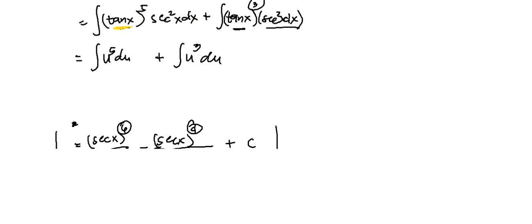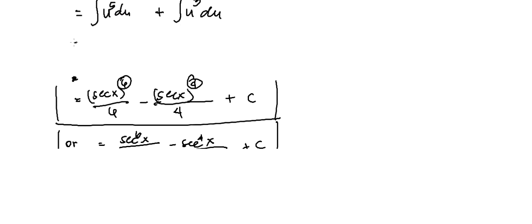From here, you can now integrate, which is simply equal to u raised to 5 plus 1, which is 6, all over 6, plus u raised to 4 all over 4, plus c.